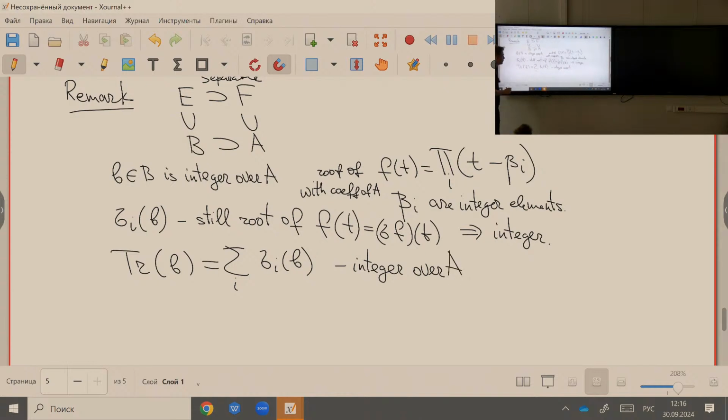And at the same time, it is an element of F. Why is it an element of F? Because the trace of E is an element of F. Oh, yeah, of course.